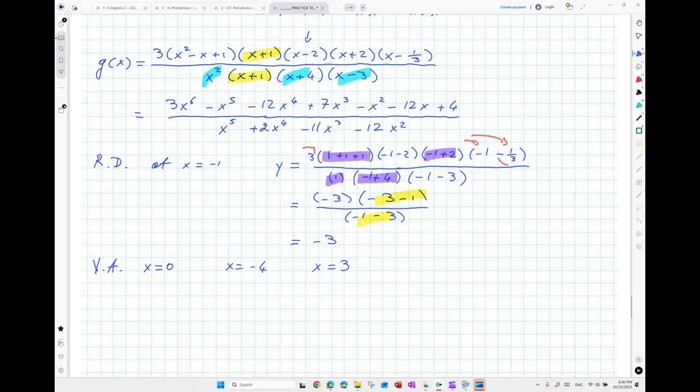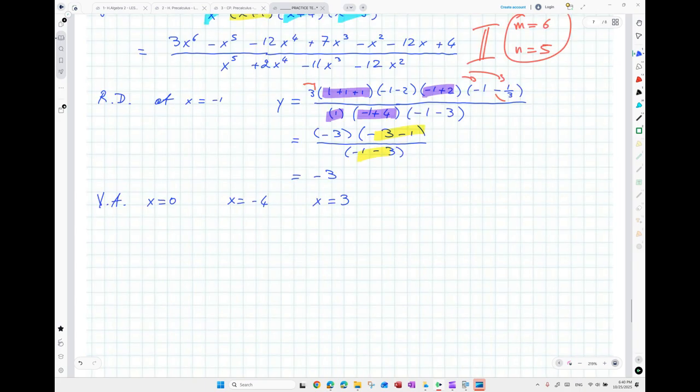Now, the next step is to take care of the horizontal or slant asymptote, if any. For that, I'm going to refer to the distributed form this time. The first thing I need to be aware of is the degree. The degree m on top is 6, the degree n is 5, and in that scenario, I will have a slant asymptote, which means that I will have to perform a long division.